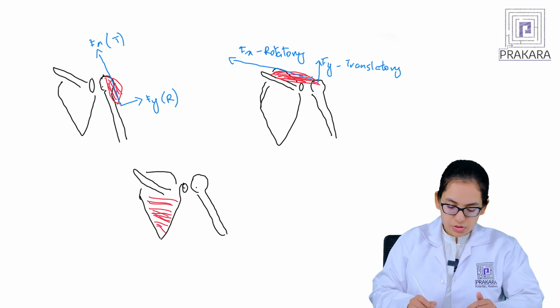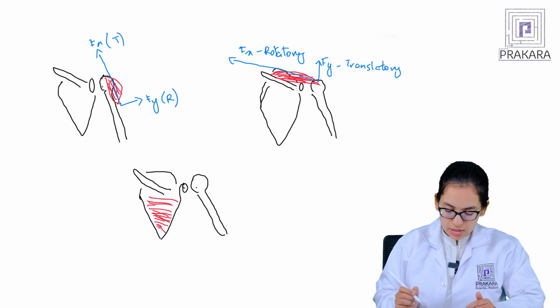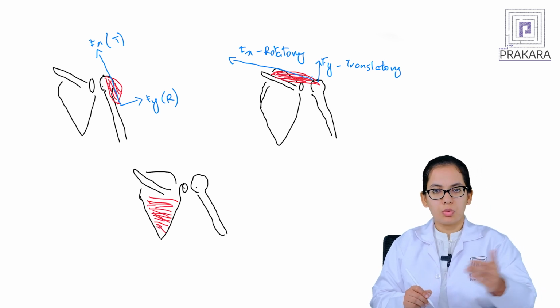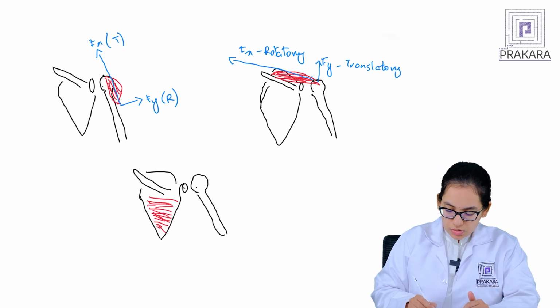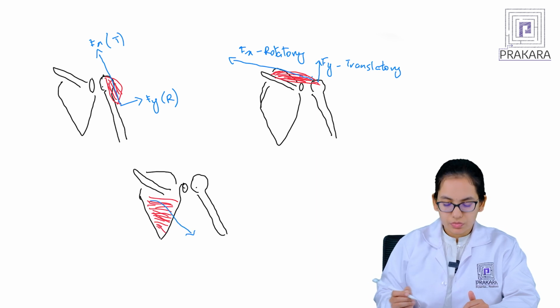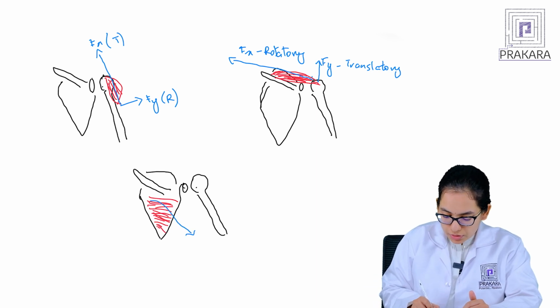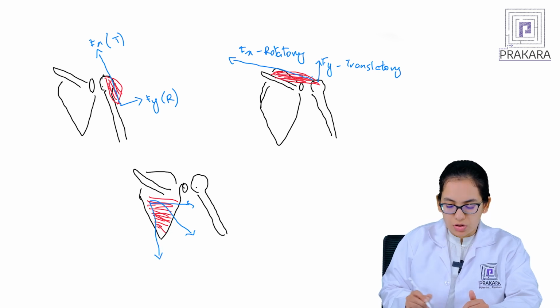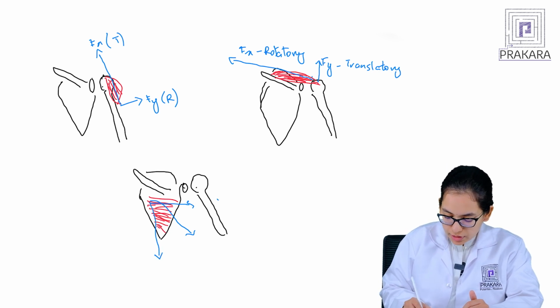Exactly behind you have the subscapularis, and you can see that the action lines are more or less horizontal. So this is going to cause a resultant force which is like this. You can resolve it into a rotatory component and a translatory component. So again we will name the rotatory component Fx, and the translatory component Fy.